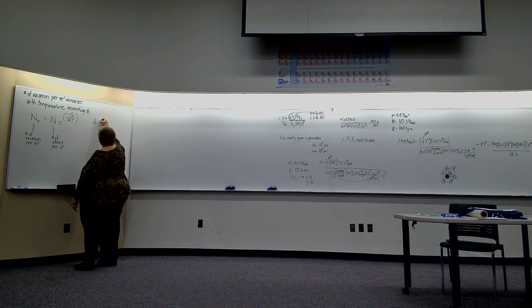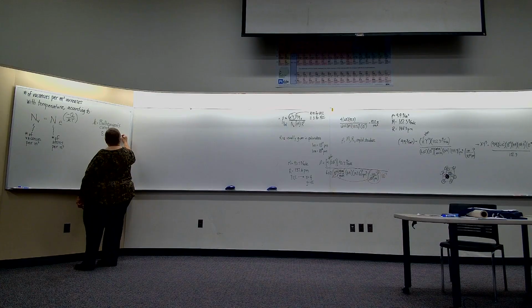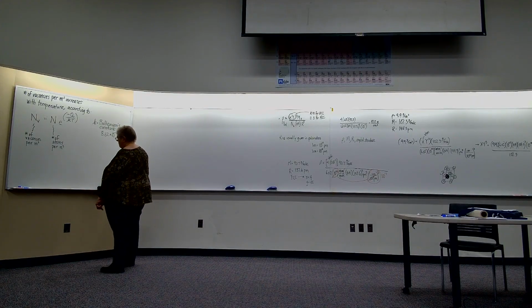k is Boltzmann's constant, 8.62 times 10 to the negative 5, electron volts per atom degree Kelvin.